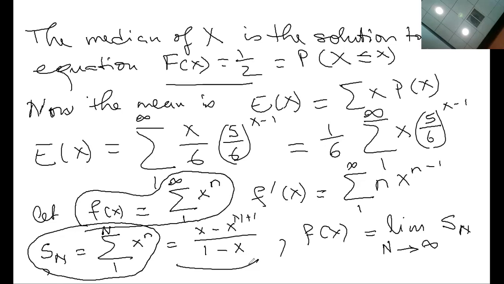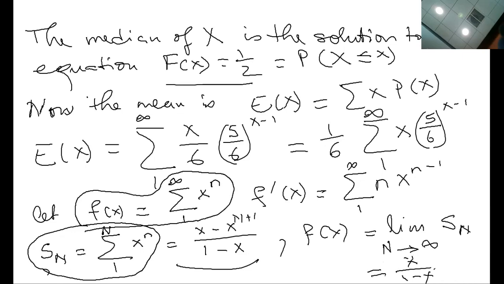So when x is between 0 and 1, the limit will just work on Sn plus 1. So I will say here that it is equal to x over 1 minus x.